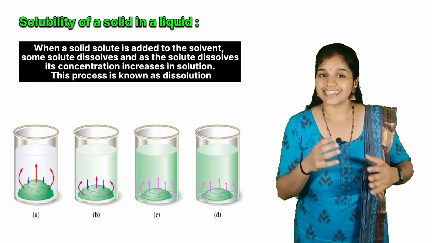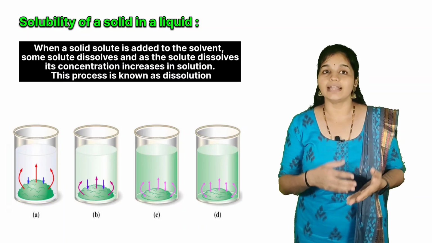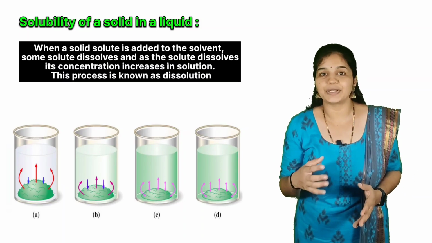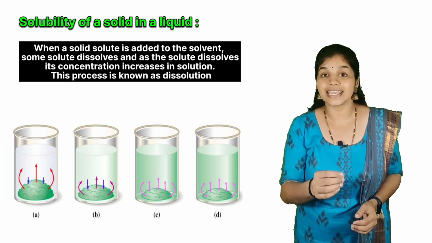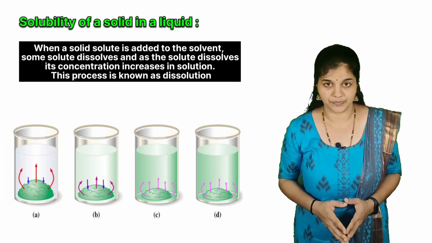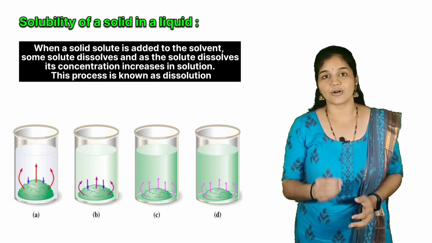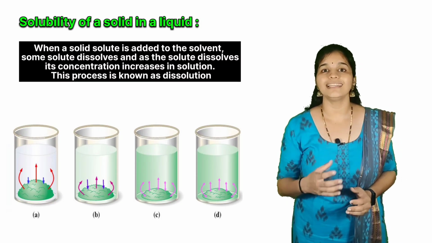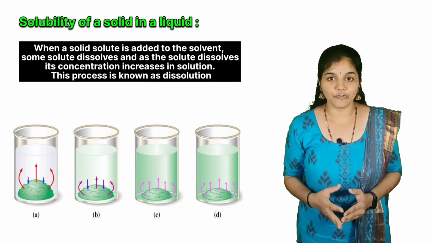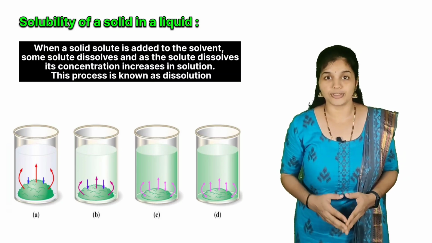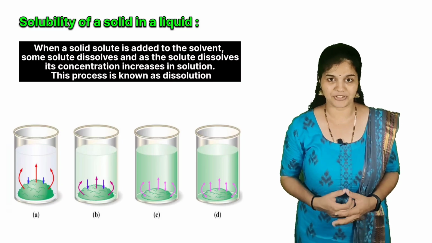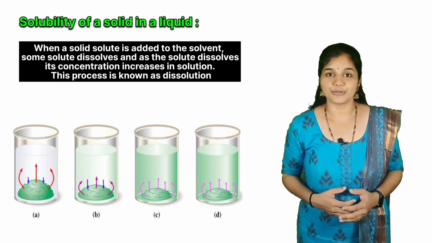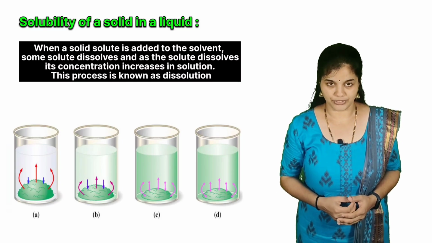Now, for this solution, if we add more solute, it cannot be dissolved at the same temperature and pressure. Such a solution is called a saturated solution. On the other hand, if you can dissolve more solute in a solution at the same temperature and pressure, we call such a solution an unsaturated solution.